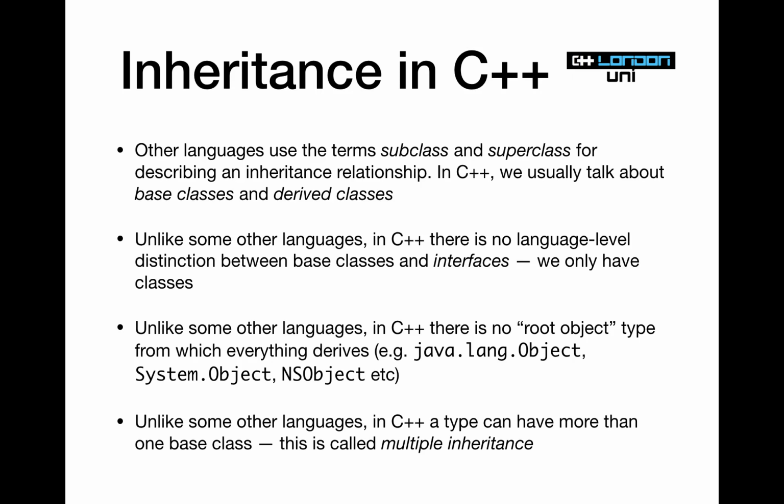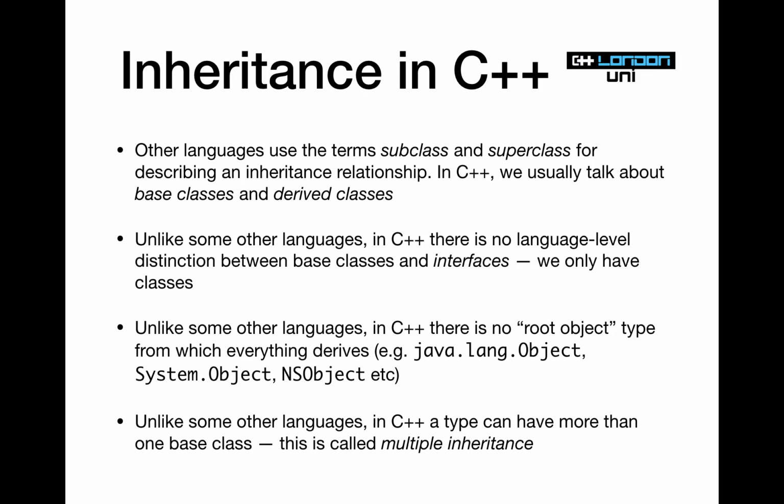And finally, as you were saying, in C++, we're allowed to inherit from multiple base classes. We can have multiple inheritance. This is maybe not the best feature for a language to have, at least not being able to inherit from multiple classes that have data members can cause you some problems.